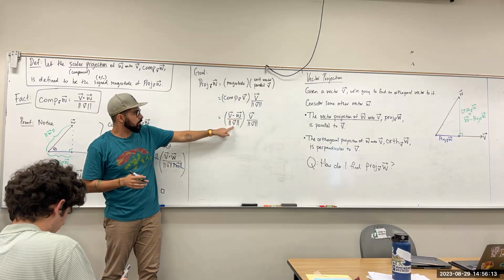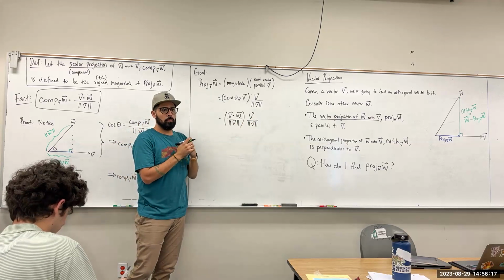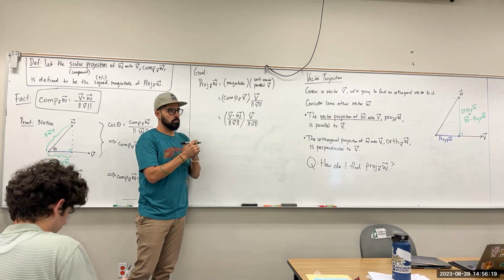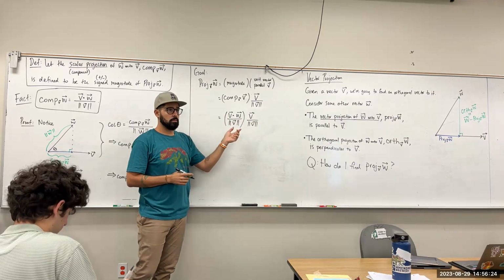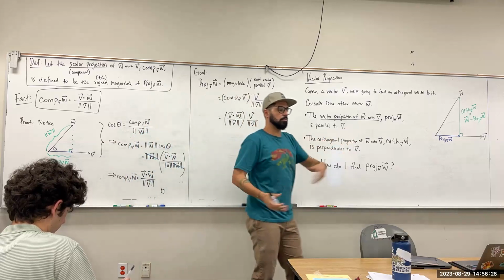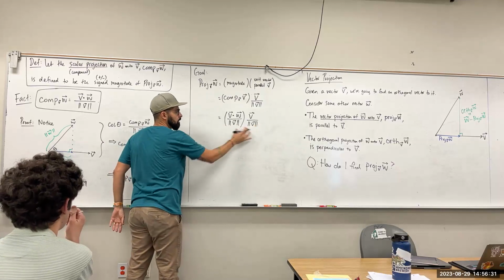Out of this numerator, this denominator, this numerator, this denominator, which is a vector? Which one represents a vector? Just the V one, right? Everything else is a scalar. So with scalars, I can multiply things and move them around. So let's just multiply this with itself.